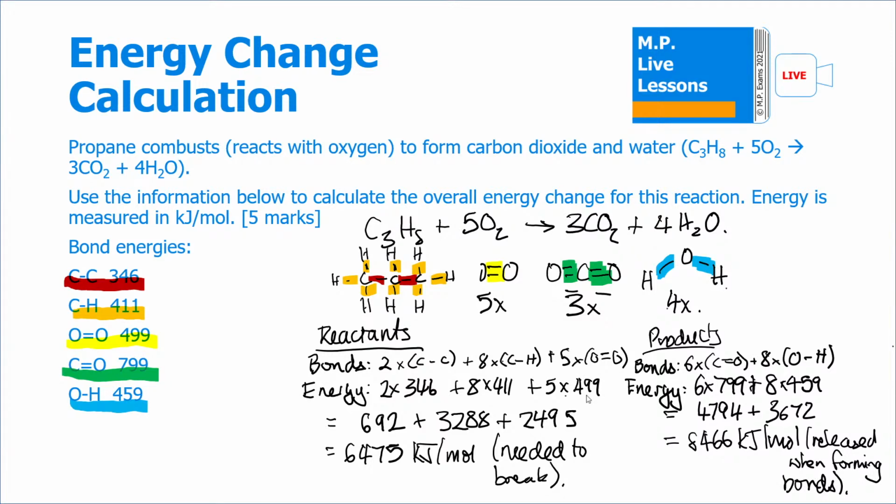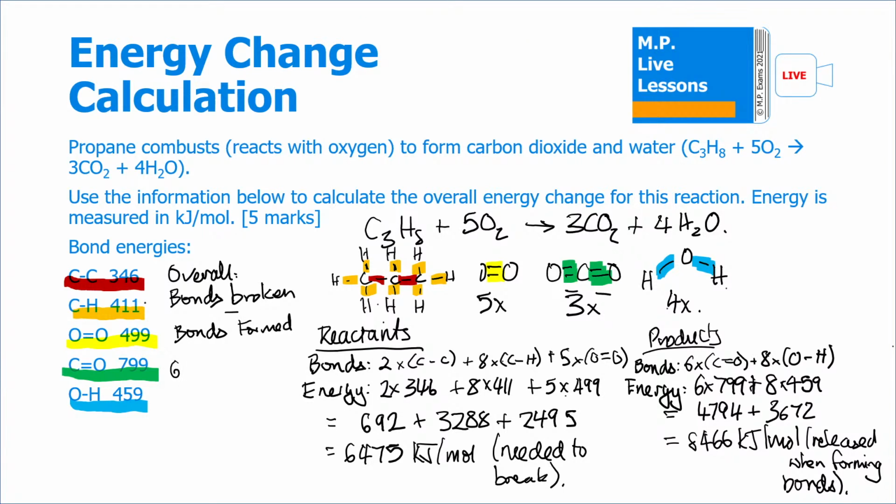Now, to find the overall energy change, it's the bonds broken, so the bond energy needed to break the bonds, minus the energy needed to form bonds. Since it's an exothermic one, we'll get a negative number.